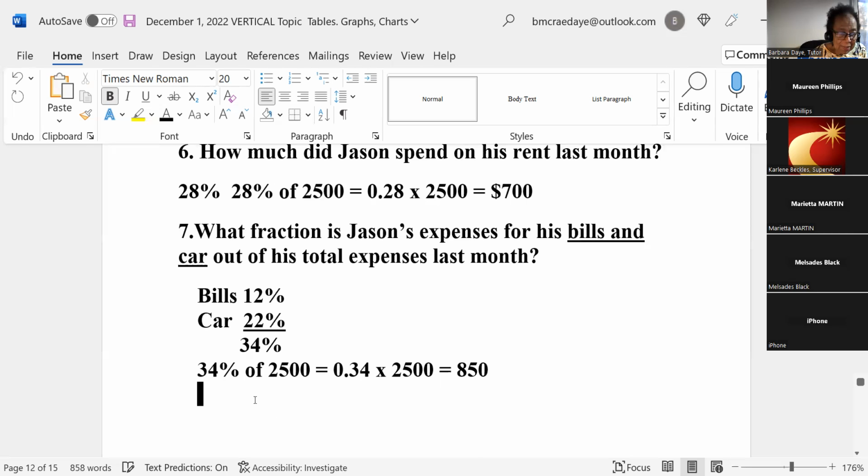So that means that you have 850 over the total, which is 2,500. So I want you to express that as a simplified fraction. 2,500.